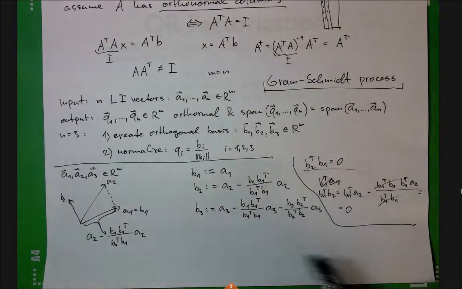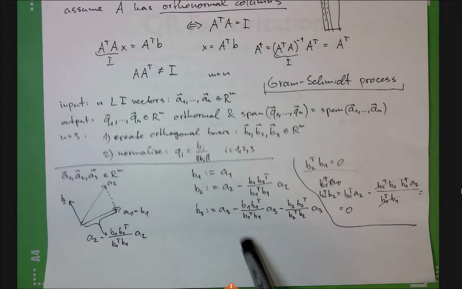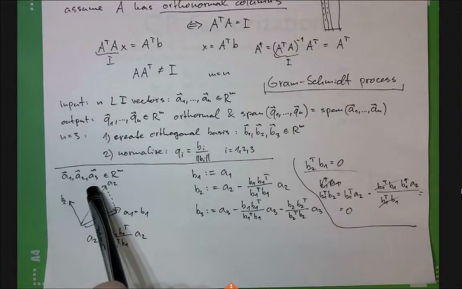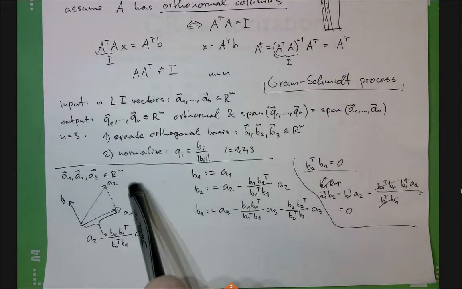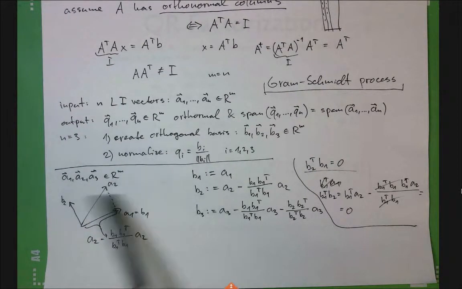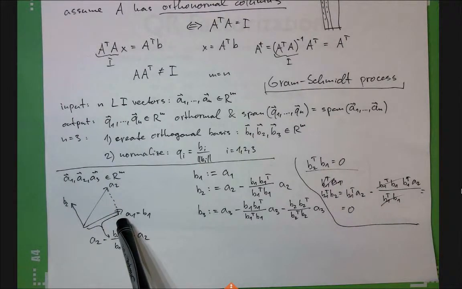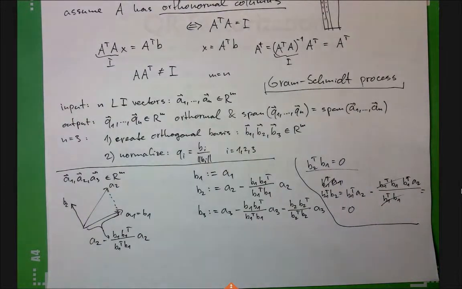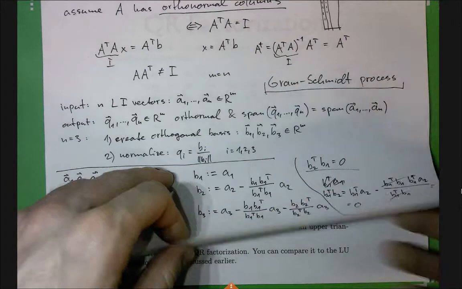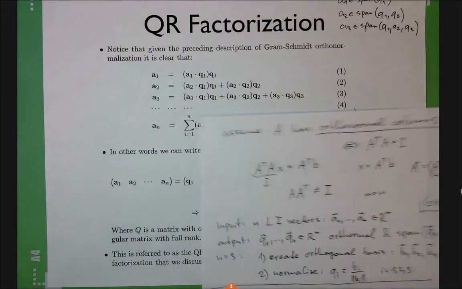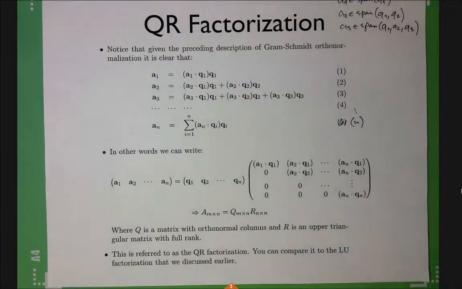Actually, I think it works like this: Gram-Schmidt will fail at that vector Ak, such that Ak is a linear combination of A1, A2 to Ak minus 1. But that could be considered advanced, so you don't have to remember that. Just a good exercise to think about.